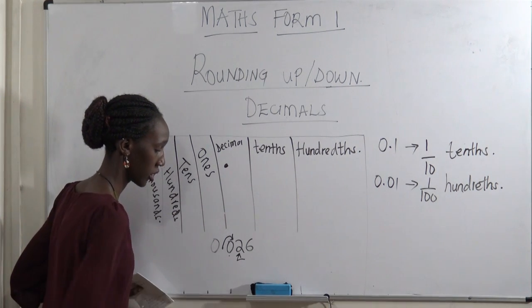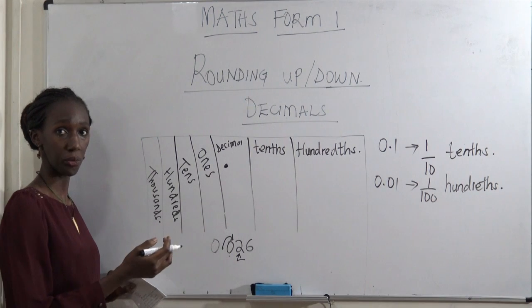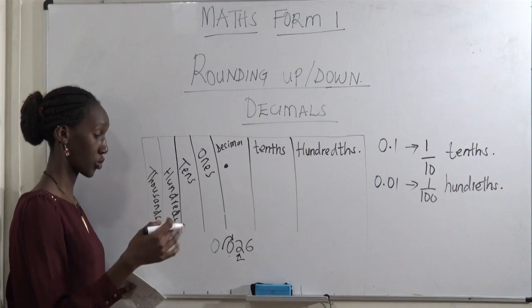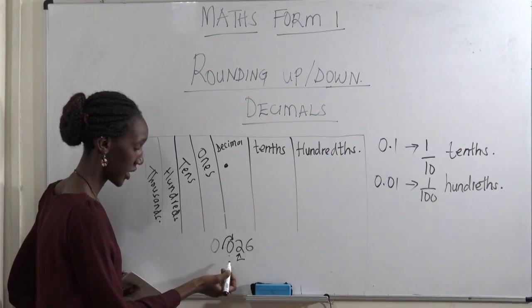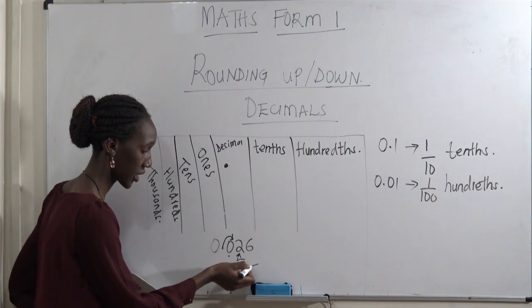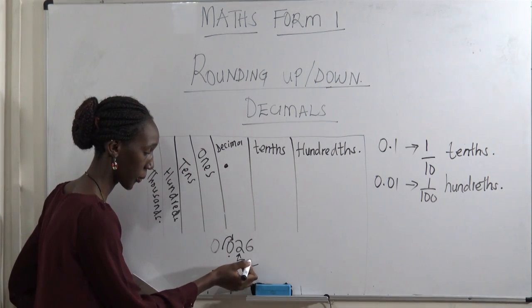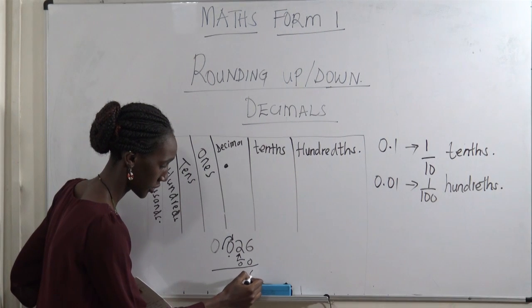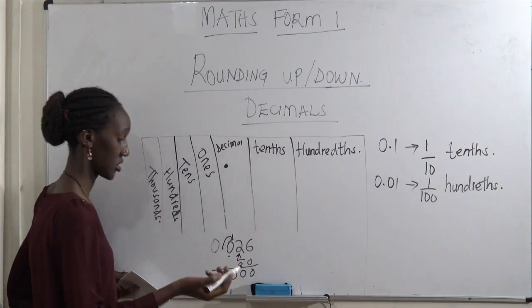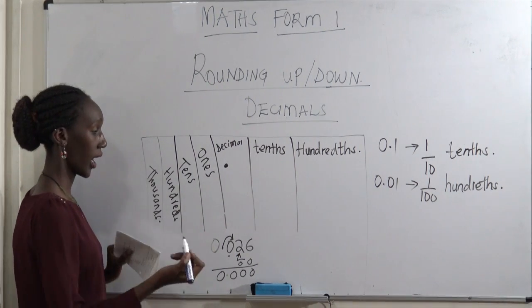So this is my immediate number. Is it greater than 5 or is it less than 5? So 2 is less than 5. So what do I do in this case? The place value will still remain unchanged, but I'm going to turn the other numbers into 0. So I'll have 0, 0, 0, and my answer is 0.000.